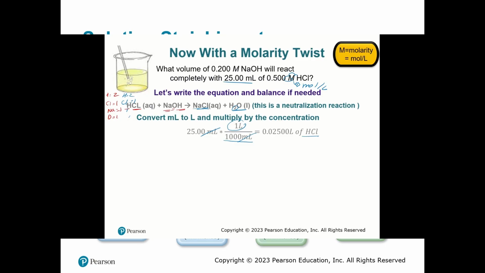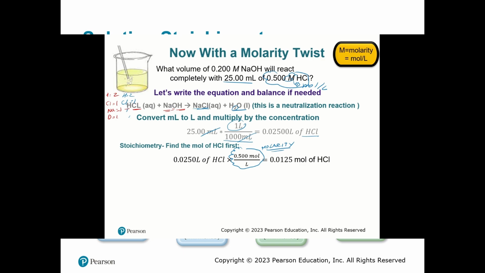Now with the volume and the concentration, I can find moles. I have 0.500 moles per liter, the molarity of hydrochloric acid. See how important it is to work with the units? I know the unit that I want is moles, so I can cancel out liters.